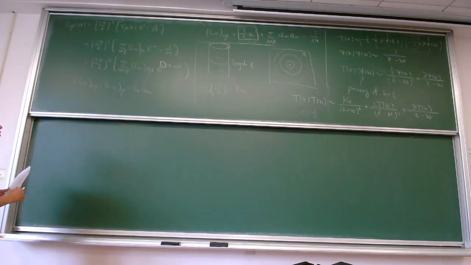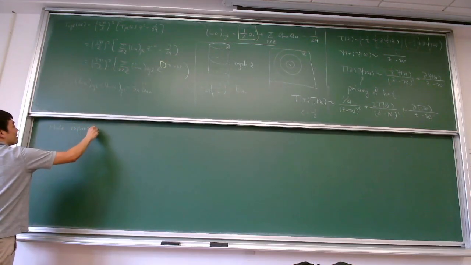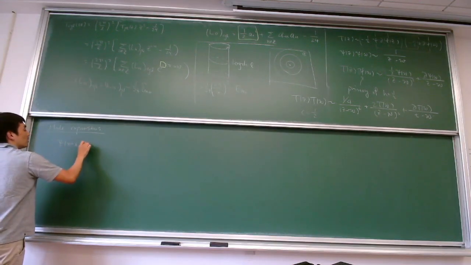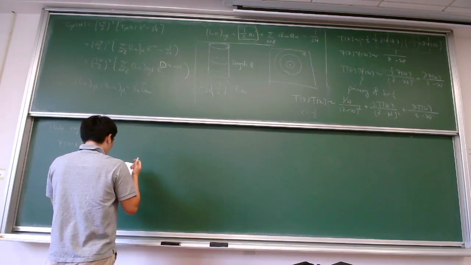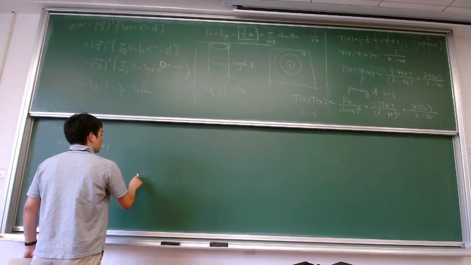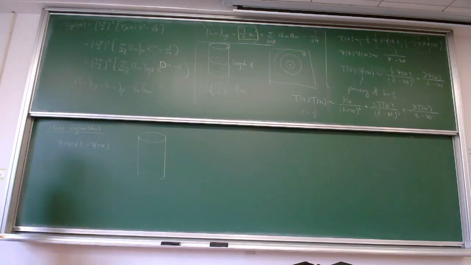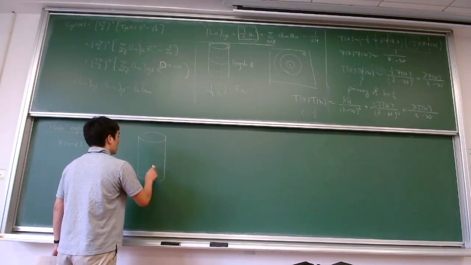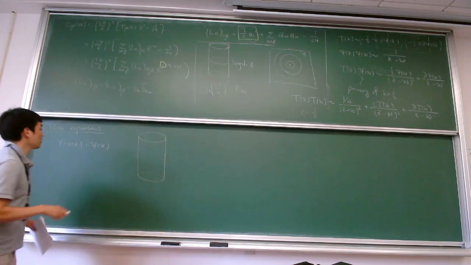So now we want to do the mode expansion. So for the mode expansion, psi of x plus L is equal to psi of x. For the fermion, if you consider a cylinder and put this free fermion on the cylinder, you need to impose the boundary condition once you move around here, and this is usually the periodic boundary condition.